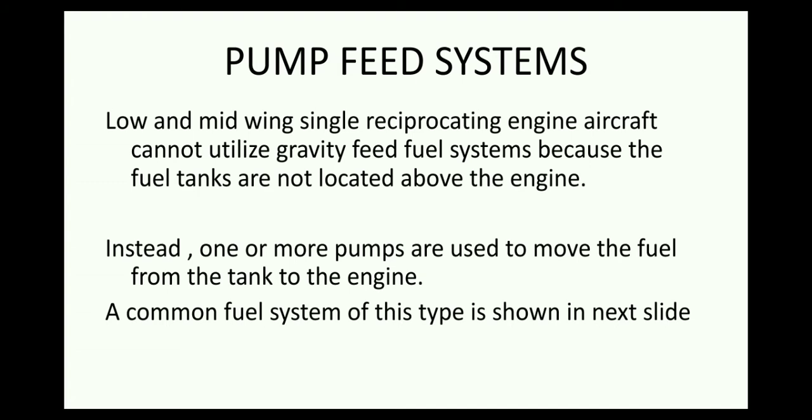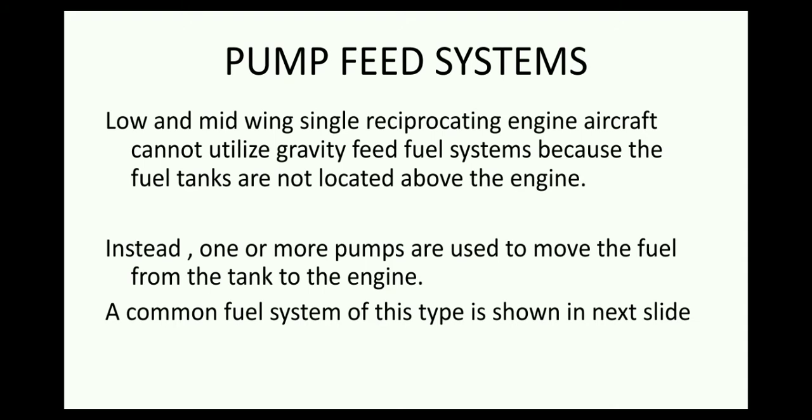After that, we discuss how the pump feed system works. Low and mid wing single reciprocating engine aircraft cannot utilize the gravity feed fuel system because the fuel tanks are not located above the engine. So the pump feed system is commonly used for low wing aircraft.